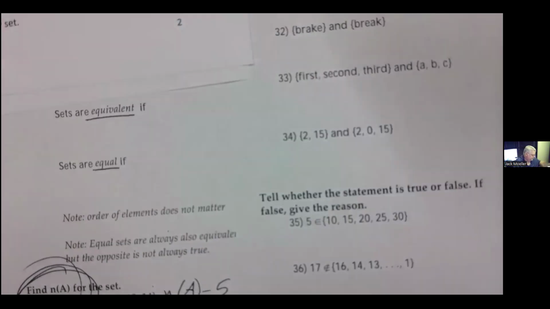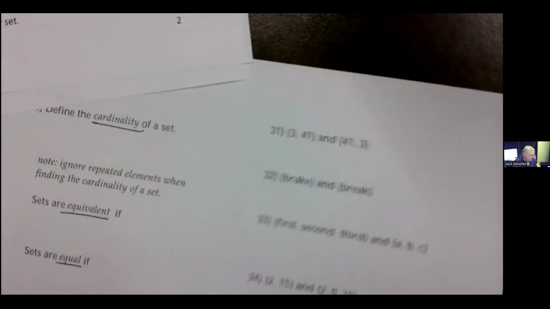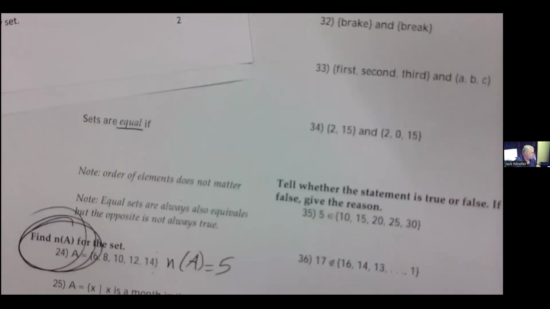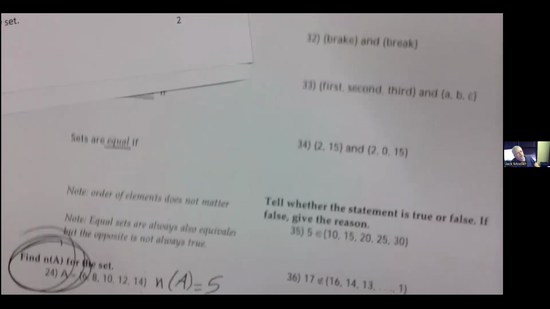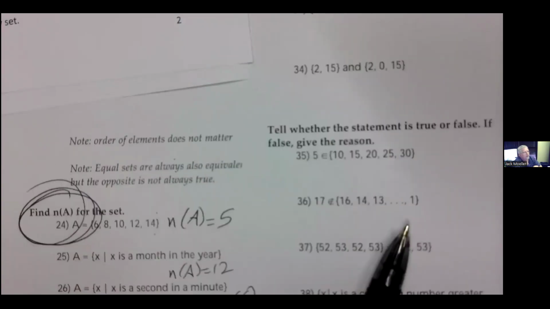Okay. Let me give you a good example of an empty set. A good example of an empty set is if I'm talking about the ages of my students, and I want to list all my students who are over 100 years old.